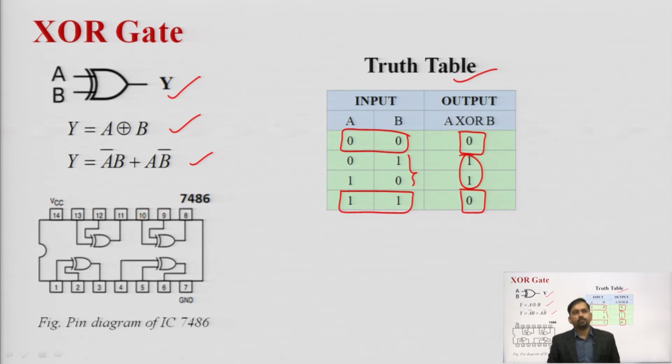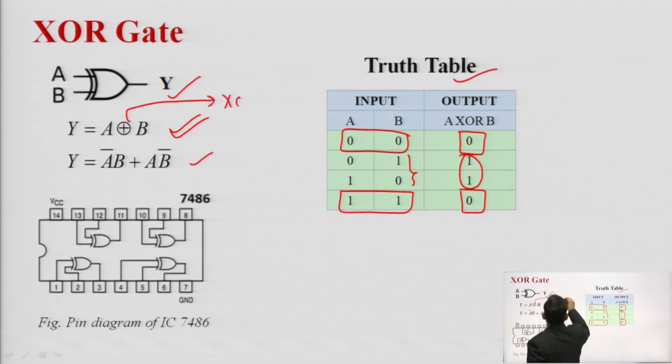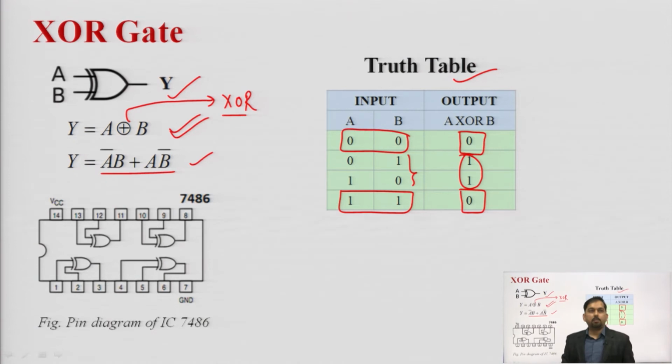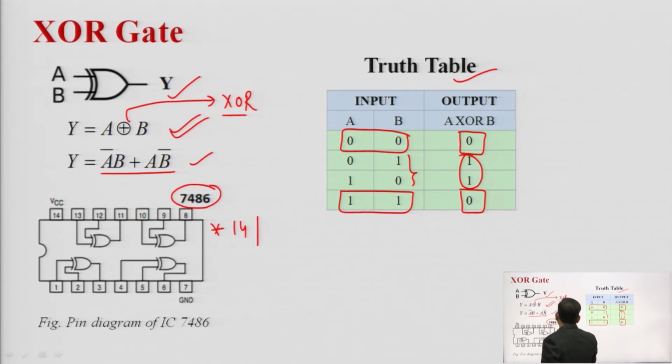So the Boolean representation is y equal to A XOR B. This is a symbolic representation for XOR. If we expand this, it is y equals A bar B plus A B bar, and the IC number for XOR is 7486, which is again a 14-pin IC.